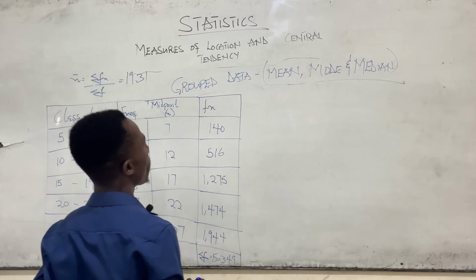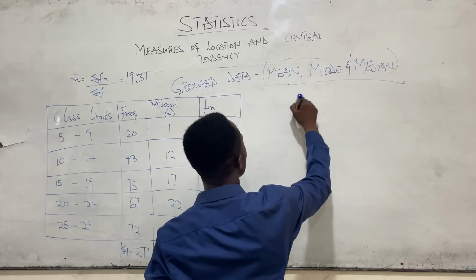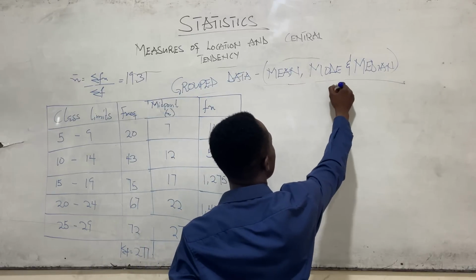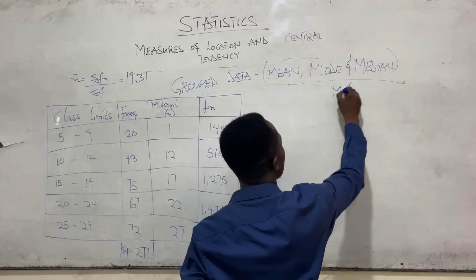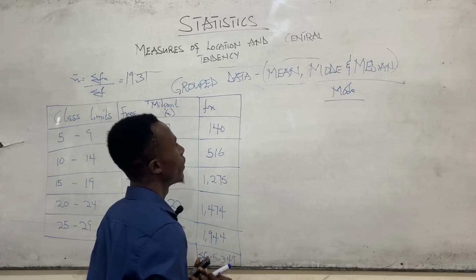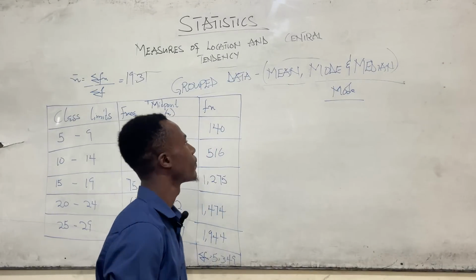19.31. Okay. So let's now look for, let's say, the mode of grouped data. This one also has a formula.